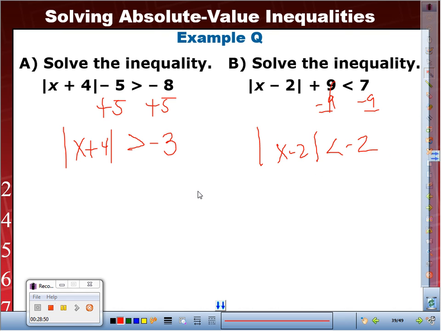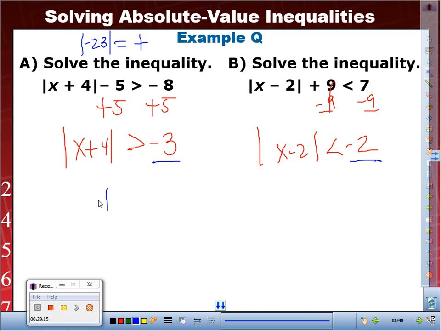What do you notice on these? That this number is a what? A negative. So these must be important. So check this out. Is there anything else outside the absolute value? No. Let me ask you a question. If I substitute any numbers into an absolute value, they always come out what? Positives, right? So if I substitute any numbers in here, the answer is always going to be what?